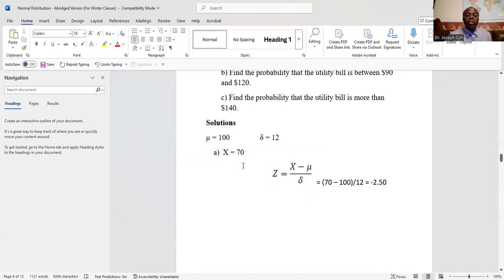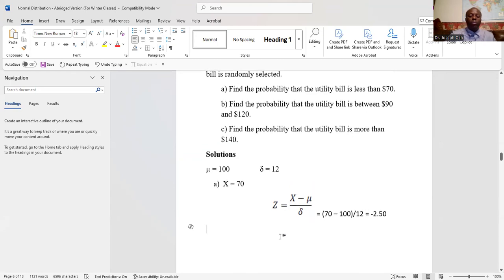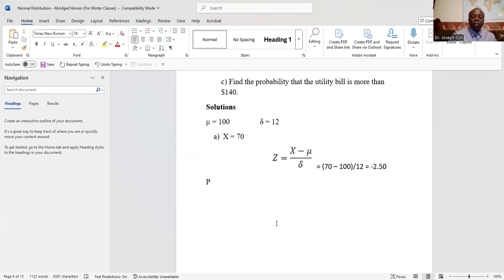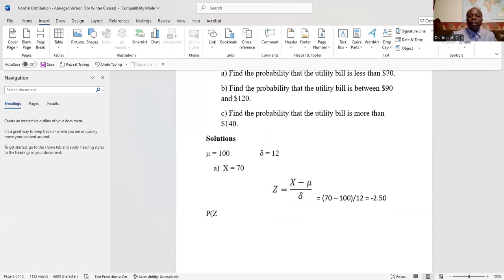Now it is no longer 70. It has been transformed to negative 2.5, and it is no longer an X, it is now a Z. So the probability that the utility bill is less than 70 now becomes the probability that Z is less than negative 2.5.